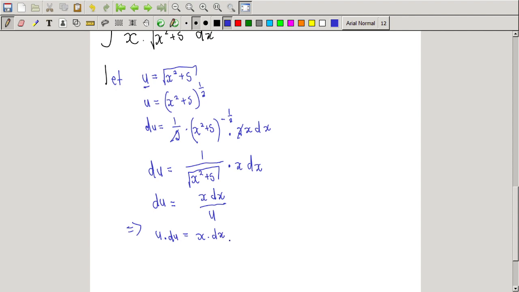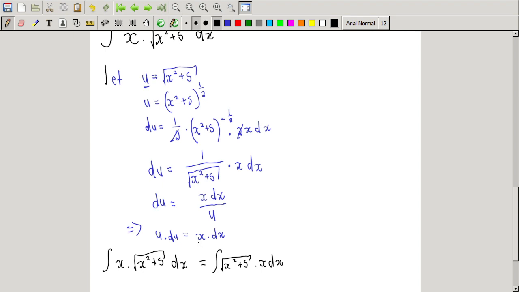So now I go back to what we are integrating, because we already know what our u and our du are. This is x multiplied by the square root of x squared plus 5 dx, which is the same as the square root of x squared plus 5 multiplied by x dx.